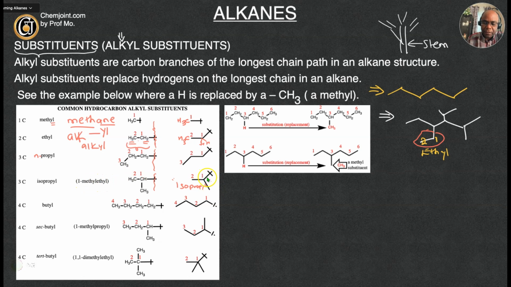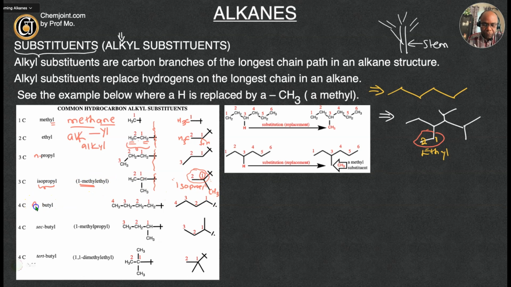You can see that on the first carbon we have a branch too, we call that a methyl, but you see you have 2 carbons on the longest chain of the branch, so we start by calling the substituent name on carbon 1, that will be 1-methyl. We call the whole thing 1-methylethyl because the longest chain happens to have 2 carbons in the substituent within the substituent. So isopropyl can also be called 1-methylethyl.